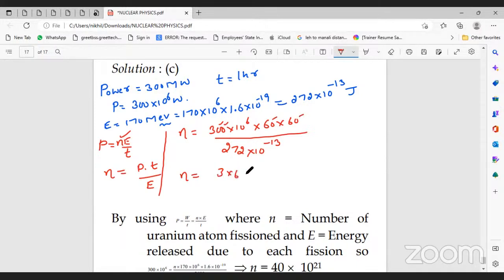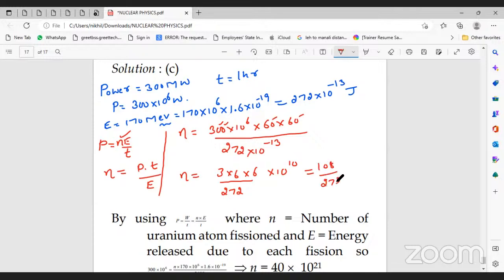So you just take 3 into 6 into 6 into 10 power, these 4 zeros plus 6, 10 power 10, whole thing divided by 272. What is 3 into 6 into 6? 3 into 6 will be 18, right? Into 6, you will get 108.